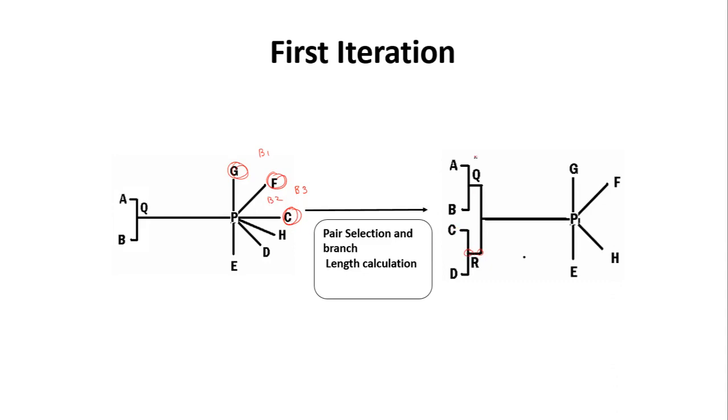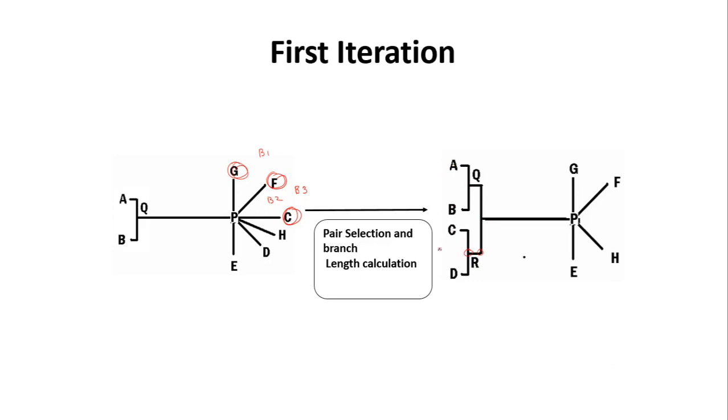So in this way you would go on iterating this step of pair selection and branch length calculation and select which pair has the lowest branch length. At the first iteration you have identified one pair of sequences that would remain final, or you can say the final neighbors in your phylogenetic tree.